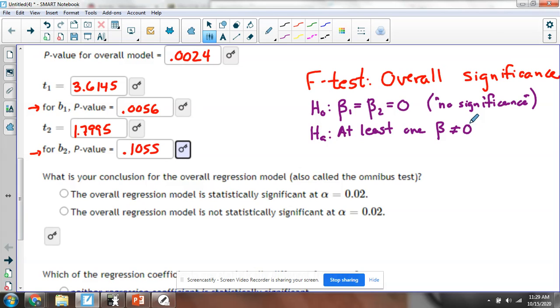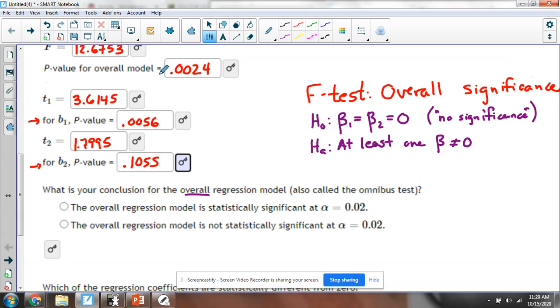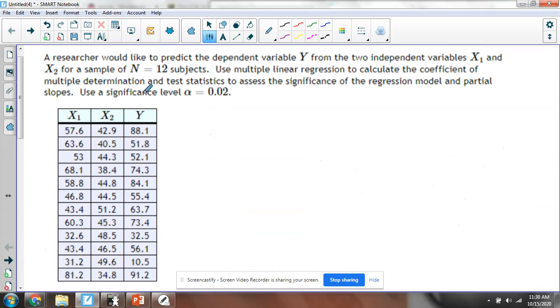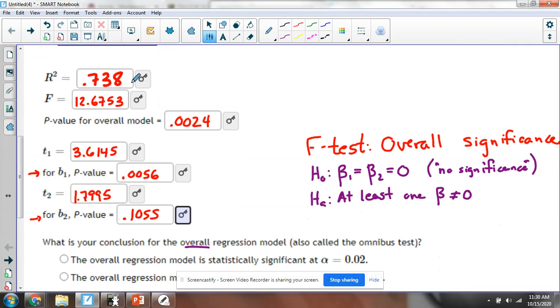But since we're talking about the overall regression model, we don't care about these individual p-values. We're talking about the overall p-value. So going back to the question itself, it says use a significance level of 0.02. So we're comparing our p-value to our alpha of 0.02.